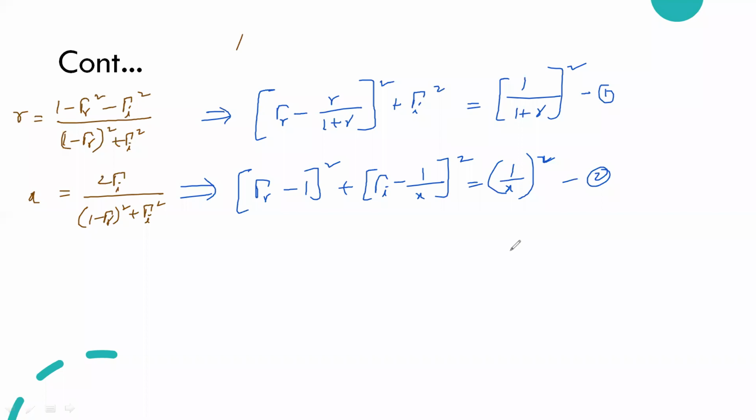So equation 1 and 2 are similar to the equation which I am writing here: x minus h whole square plus y minus k whole square equals a square. This is a general equation of a circle of radius a with the axes x and y, and the center point is h comma k. Okay, this is called the general equation for the circle.